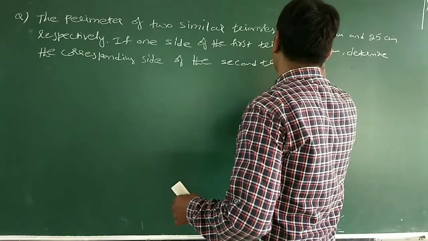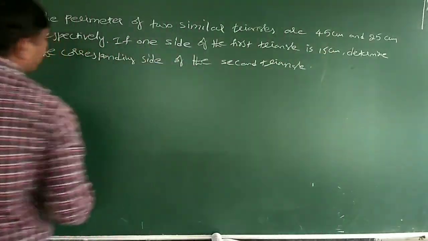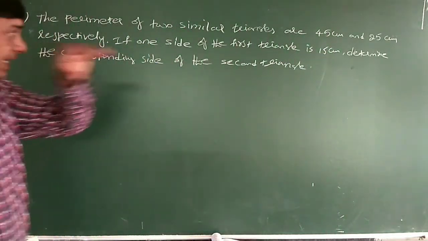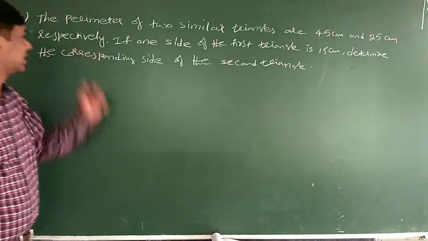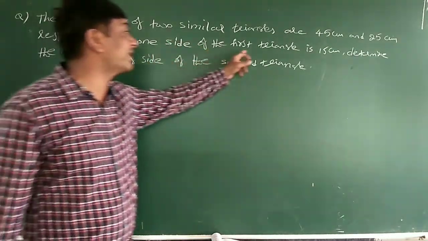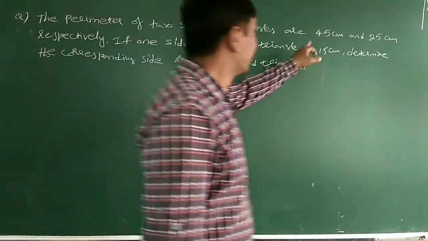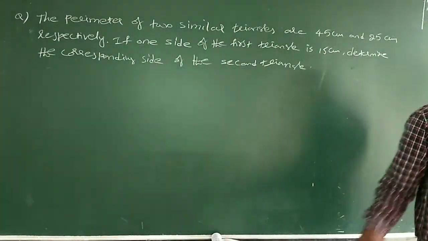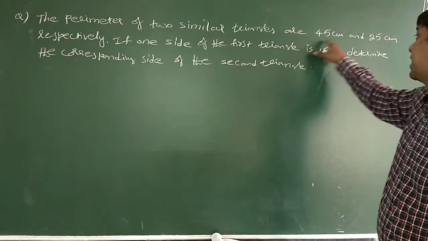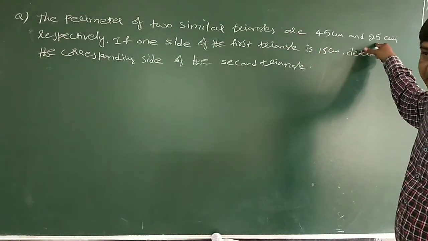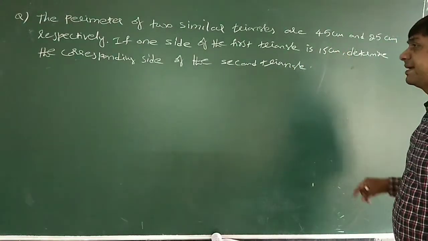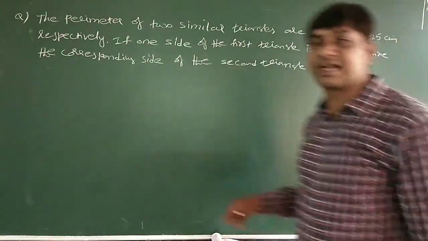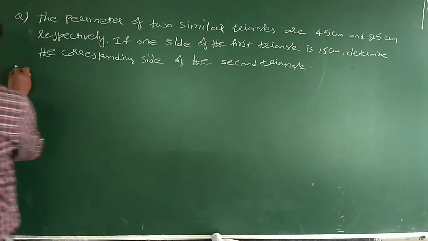This is your problem. The perimeters of two similar triangles are 45 centimeters and 25 centimeters respectively. The perimeter of the first triangle is 45 centimeters, and this is the second triangle's perimeter. One side of the first triangle is 15 centimeters. Determine the corresponding side of the second triangle.